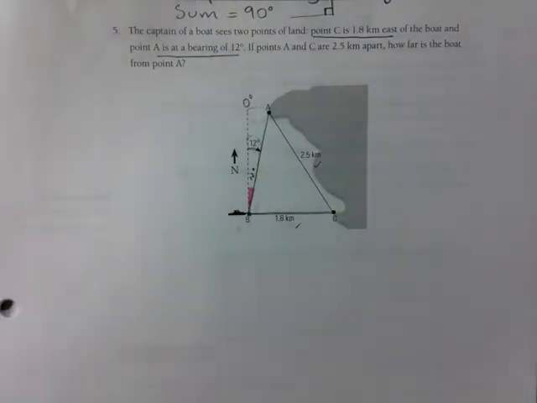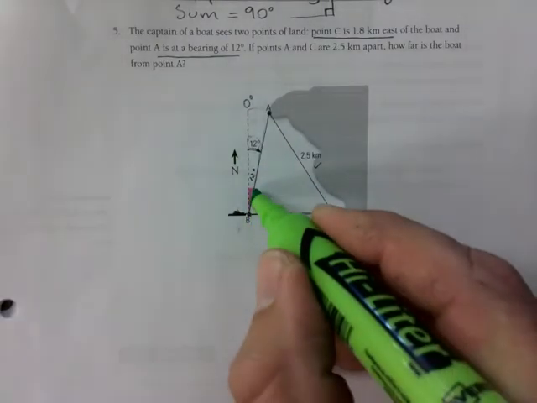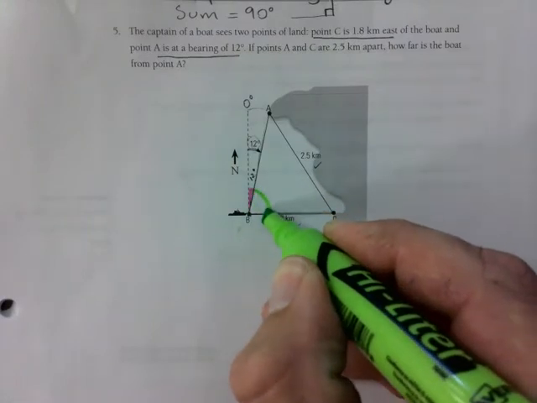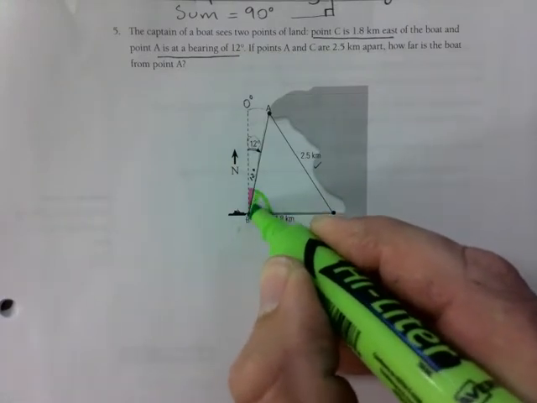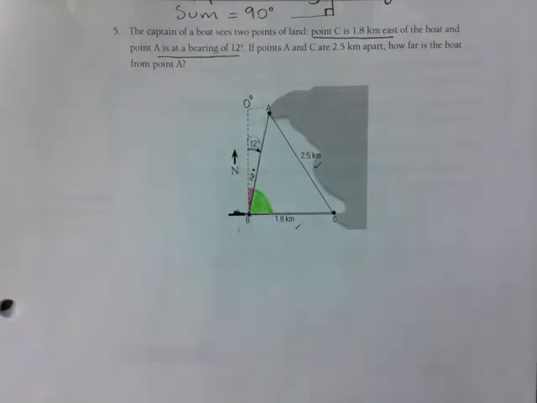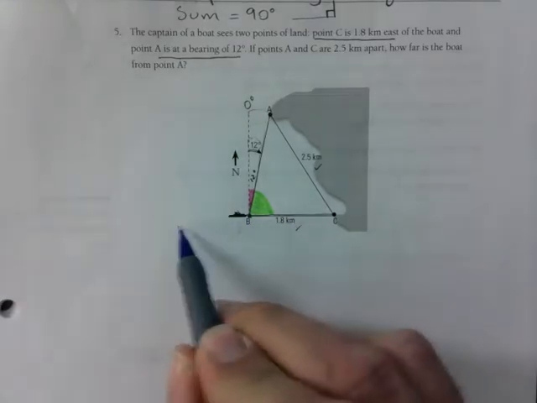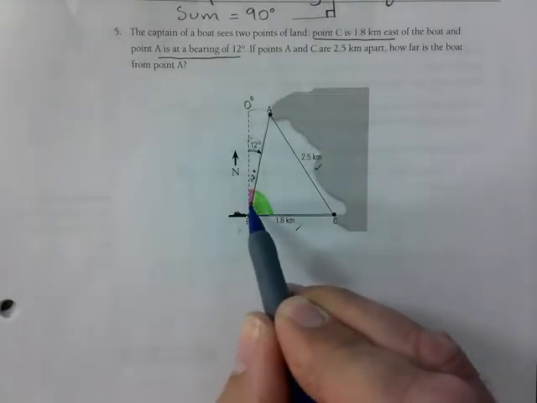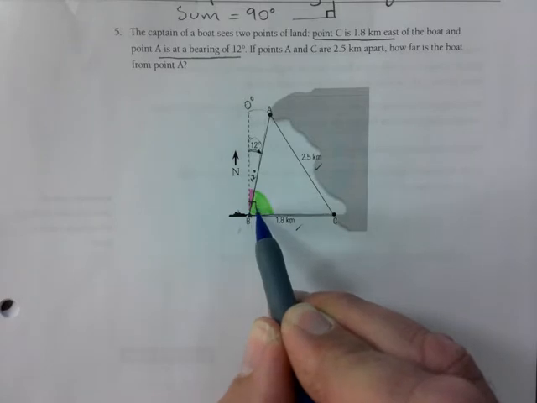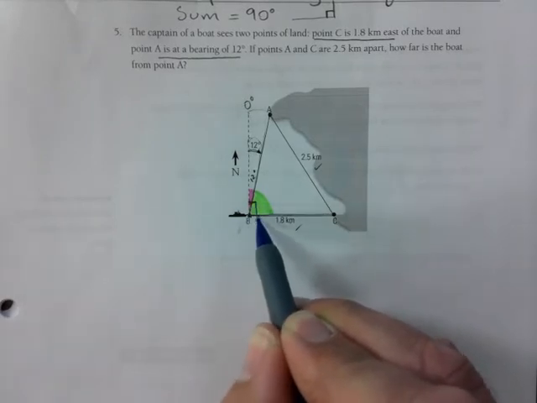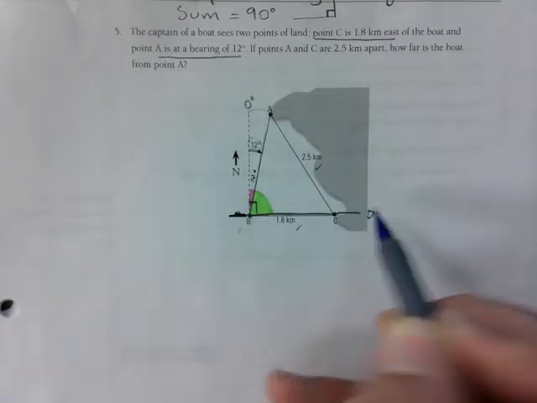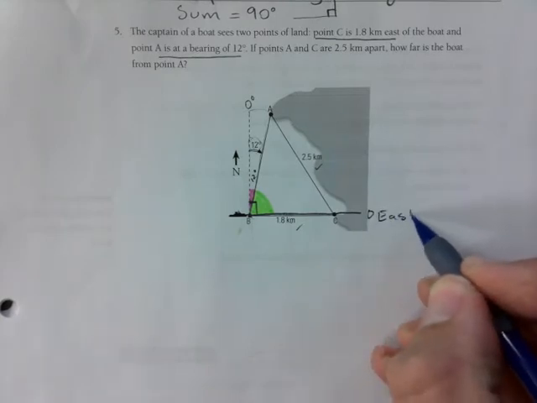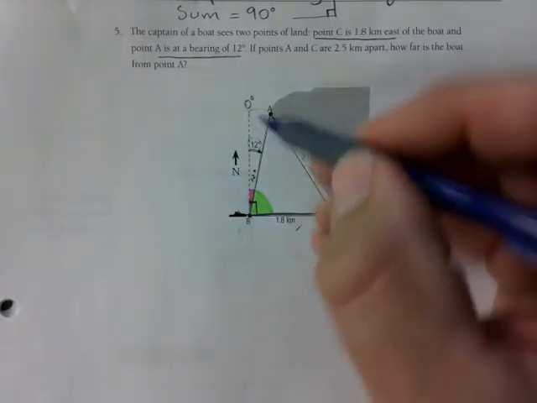And so we can figure out the green part of that angle, this inside here. I think you can already guess where this is going. It's not a straight line along the bottom. There's a 90 here in this corner between the east line, this is east here, and this is north.